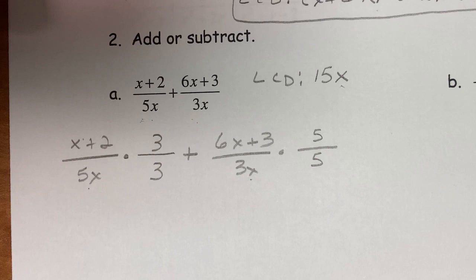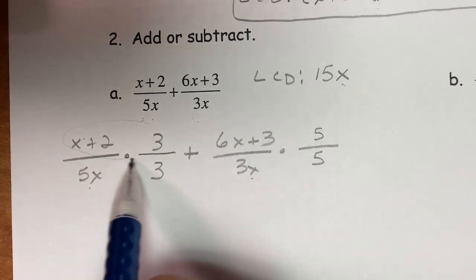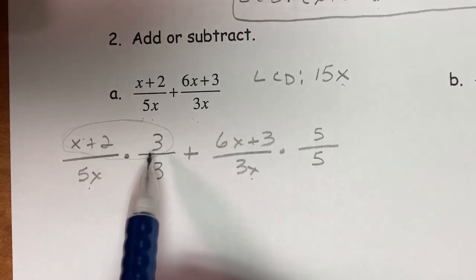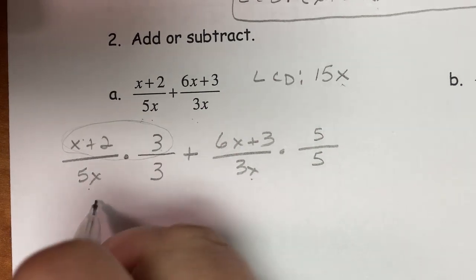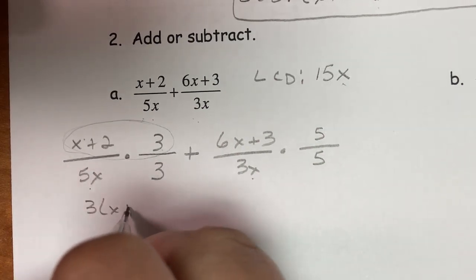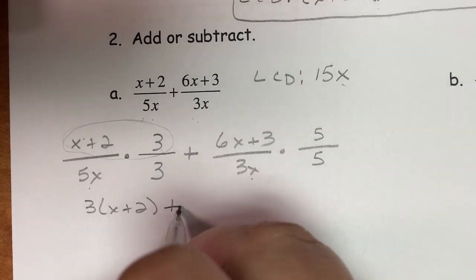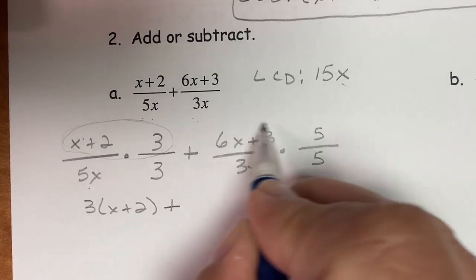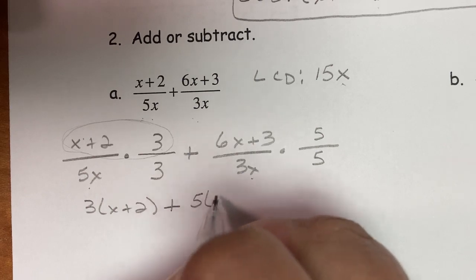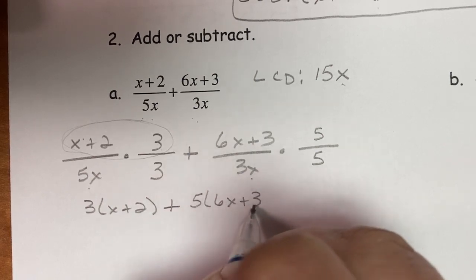So now what you're going to do is you're actually going to multiply these denominators out. Well, I have 3 times x plus 2. And I'm just not going to multiply quite yet. I'm just going to write it like that. Plus, now I'm going to have to multiply these. So I'm going to have 5 times 6x plus 3.